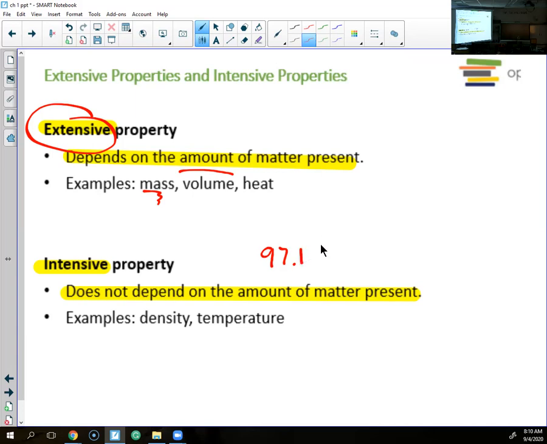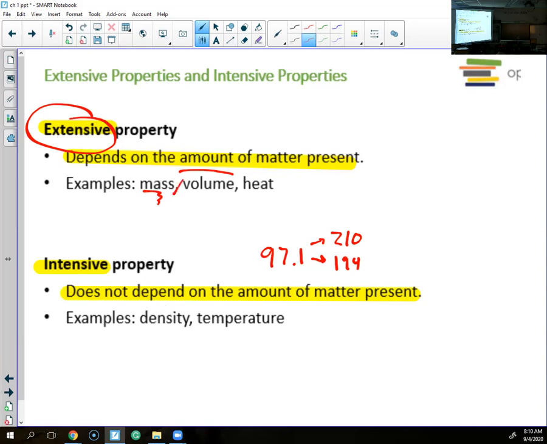I was 97.1 when I weighed 200 pounds or 210, and I'm 97.1 when I'm 194, because my body temperature does not care how big I am. It just cares that I'm a human and that the processes to run my body give off heat at about 97.1 degrees Fahrenheit.